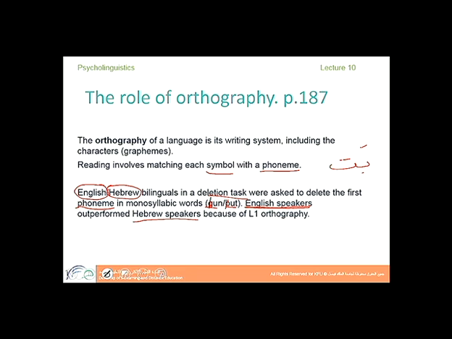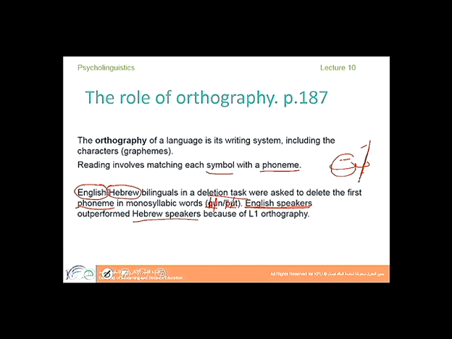So what did the Hebrew speakers do? They deleted the first letter, not the sound, and instead of saying ut, they said t. Because they deleted the first letter, ba, and they said t. Instead of saying un, they said n only.